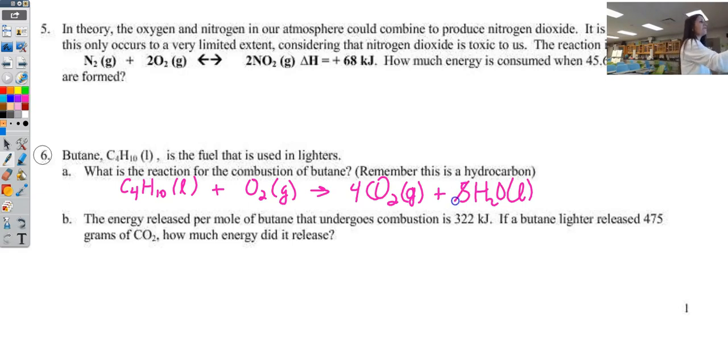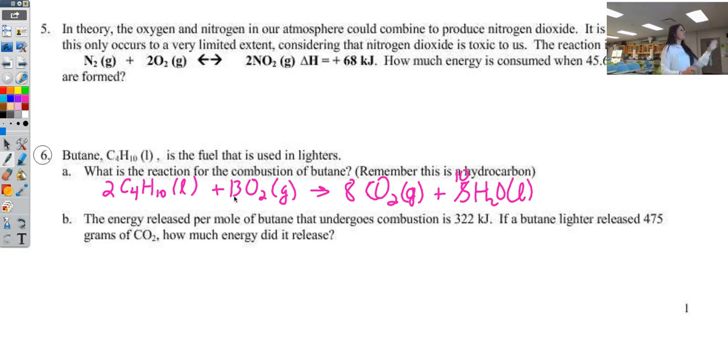So I'm going to change the 5 and make it a 10, so odd to even. When I do that, that changes this so that it's 20 hydrogens instead. That changes my carbons. Instead of 4 carbons, now it's 8 carbons. So let's put that 8 in there. And now let's figure out our oxygens. So now I have 16 and 10, which is 26. That means it must be 13.